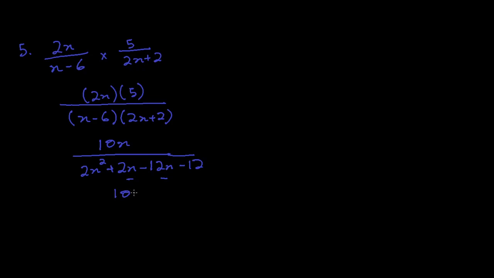So we're going to drop down the 10x as it is. Then we're going to have 2x squared minus 10x. Since it's different signs, you simply subtract them, then take the sign of the bigger number. So it's 10x, then it's minus 12.